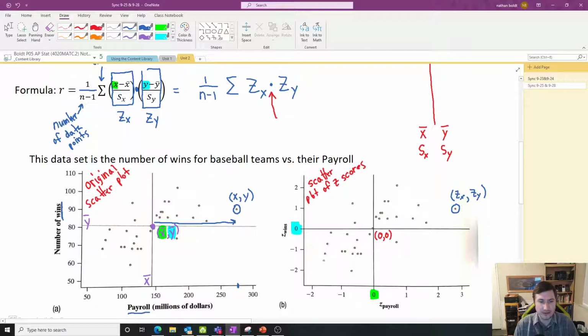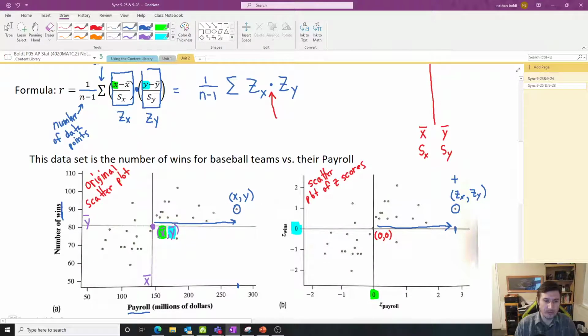The x value is above the mean. How far? I don't know, a couple 100 million above the mean. But when we turn that into a z-score, it's not money anymore, it's standard deviations. So instead of being over here at 280 some million, the Yankees are roughly almost 3 standard deviations above the mean, which means zx is positive.